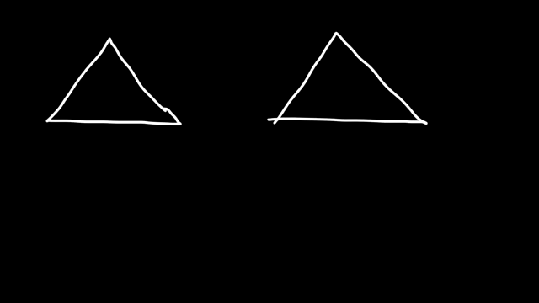Now there's one more postulate that I want to go over. So let's say this is triangle ABC, and this is triangle RST. Let's say that angle A is congruent to angle R, angle C is congruent to angle T, and let's say that BC is congruent to ST. So what postulate can we use to prove that these two triangles are congruent?